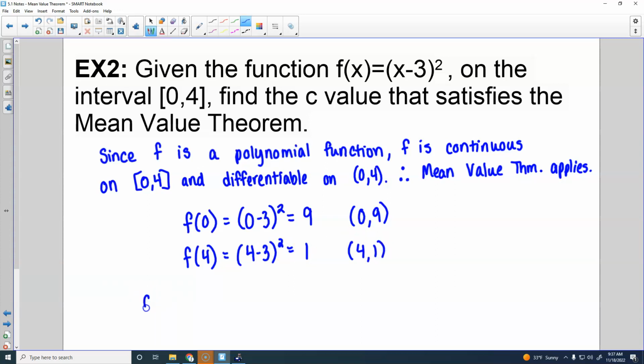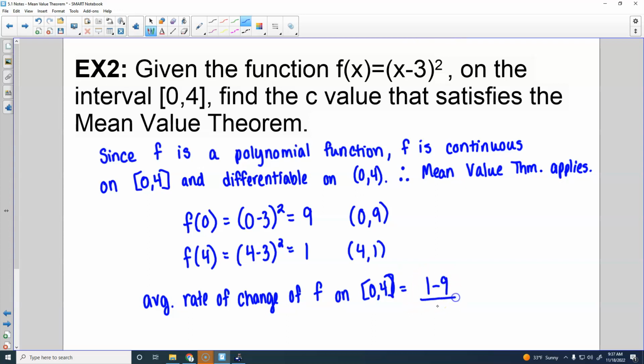So our average rate of change of f on 0 to 4 would be 1 minus 9 over 4 minus 0, which will give me negative 8 over 4, which equals negative 2.